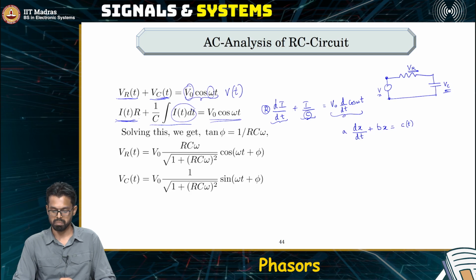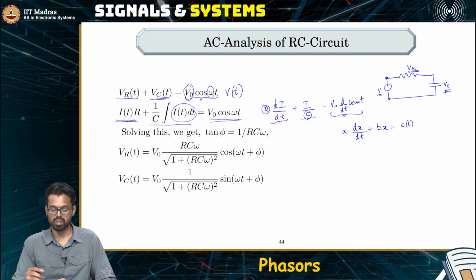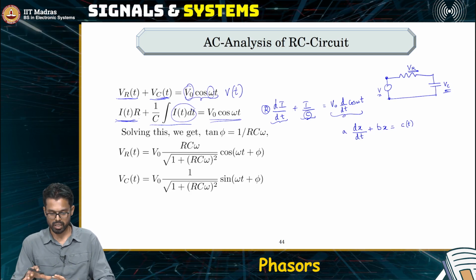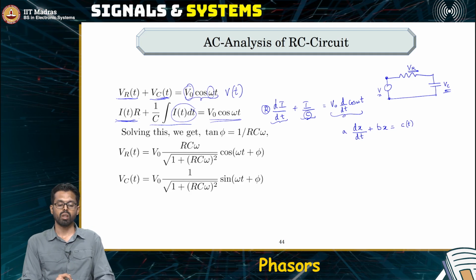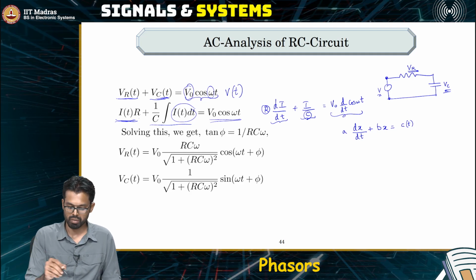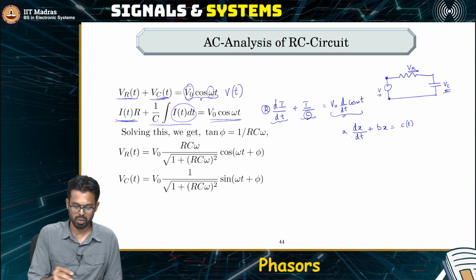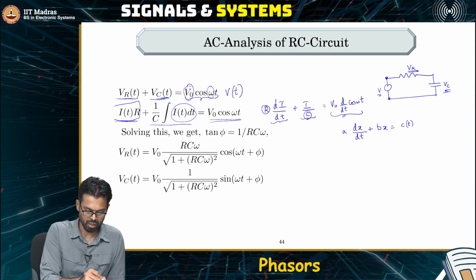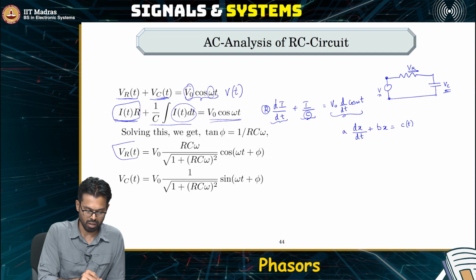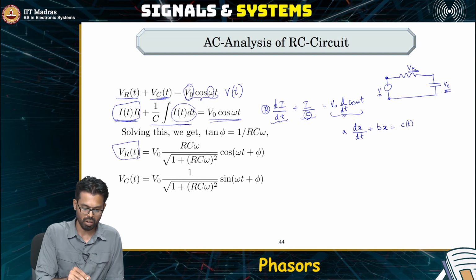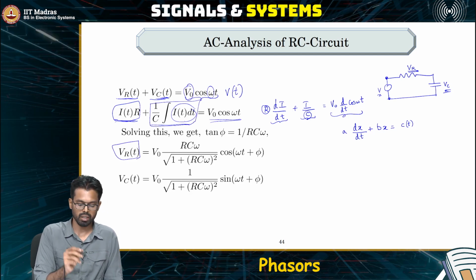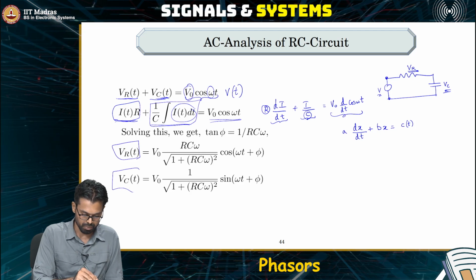You use your solutions of ODE, ordinary differential equations, plug in all those techniques here, solve it. If you solve it, then you can find out what is I of t, and you plug in I of t in this expression, you will get VR of t. And then plug in I of t here, integrate it, you will get this expression.